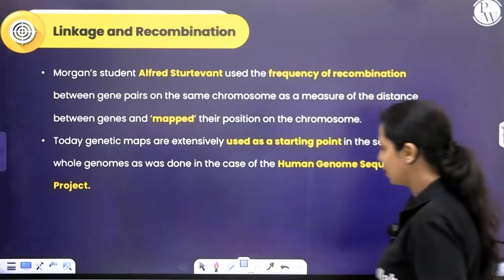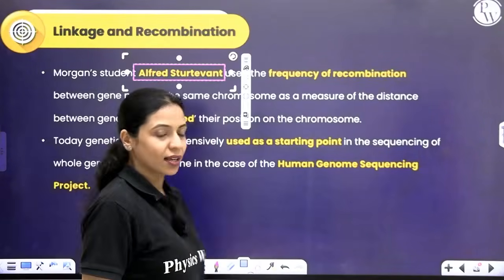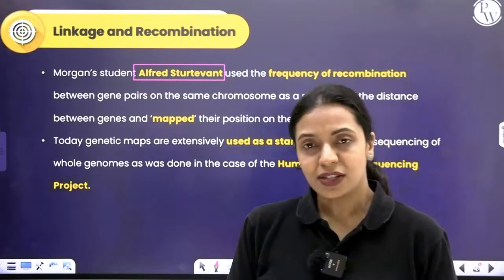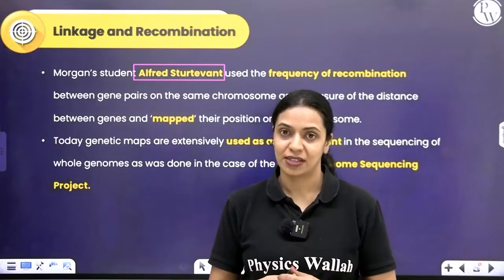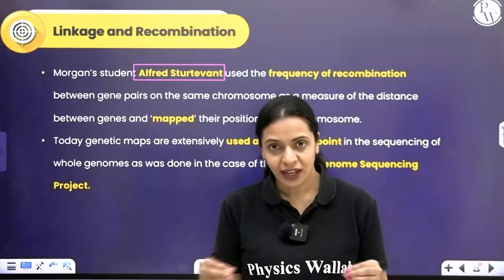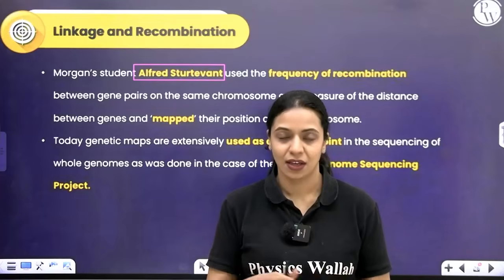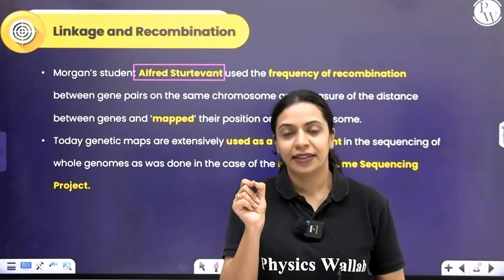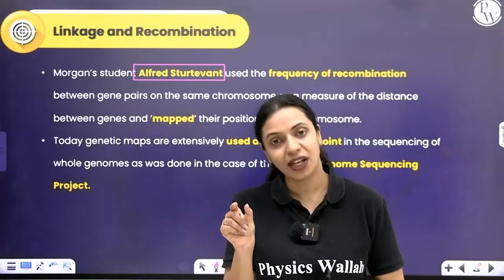Morgan had a student in his lab. His name is Alfred Sturtevant. What he did was, he checked for how many recombinants he was getting. Based on the frequency of recombinants, which we call the recombination frequency, he started to develop genetic maps. See, I know that if the recombination is this much, which is less, then the two genes that I'm considering are close to each other.